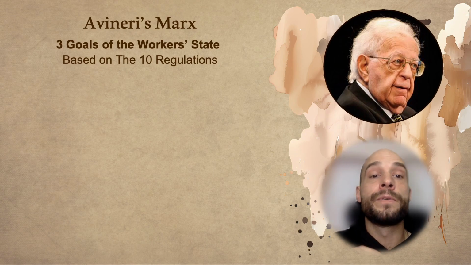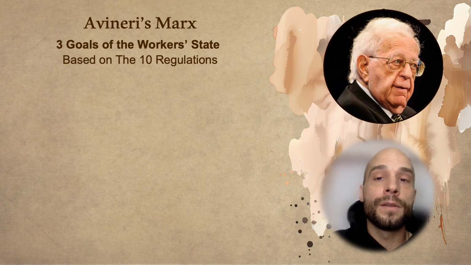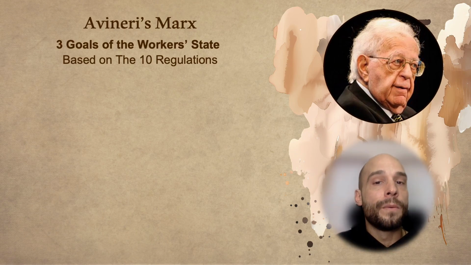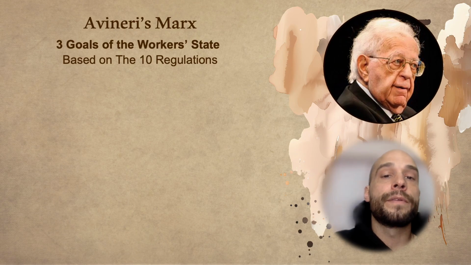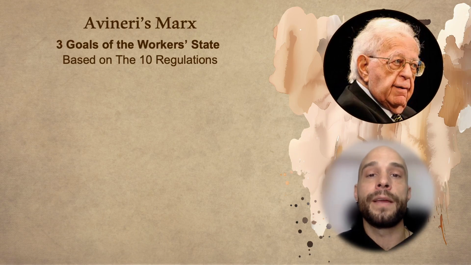This implies preserving the real capacities capitalism has created, like globalized social coordination and near universal participation, but now it's time to abolish its class domination, abolish capitalism itself. How? Well, Avineri organizes the goals of a worker state around three interconnected pillars, which we've already mentioned, and these come from his analysis of the Communist Manifesto's 10 regulations.